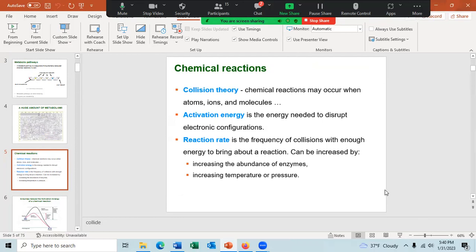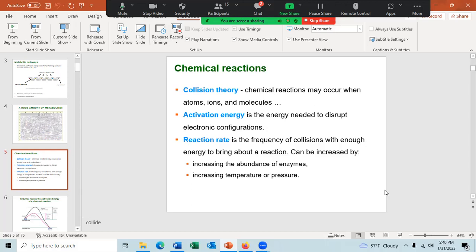Chemical reactions occur via the collision theory. The collision theory states that chemical reactions may occur when atoms, ions, or molecules collide with each other.